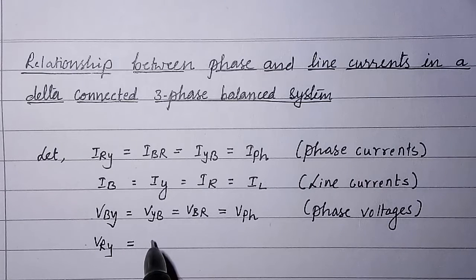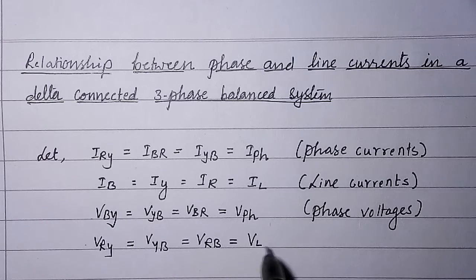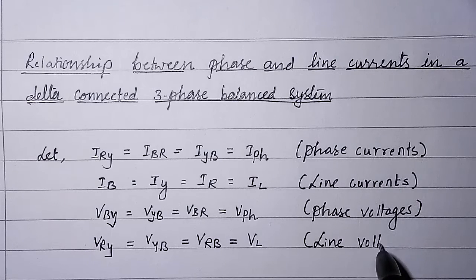VRY equal to VYB equal to VRB equal to VL, line voltages.